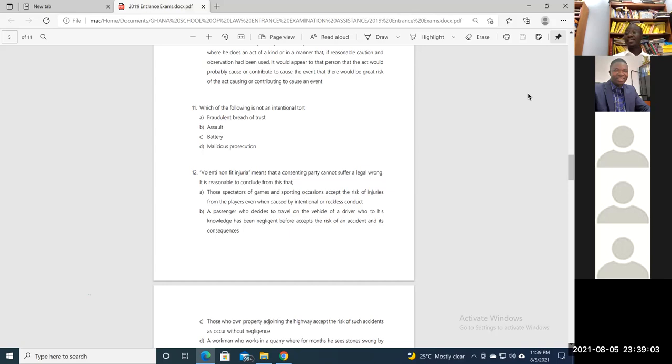But it is only of historical significance when we highlight the various types of action, where you have the direct action, you have an action on the case, and so on. So the original action, that's why I said vi et armis, that is by force of arms, right? So in the common law, the thinking was that every person has what they call their bodily integrity, and no one was supposed to invade the integrity of your person.